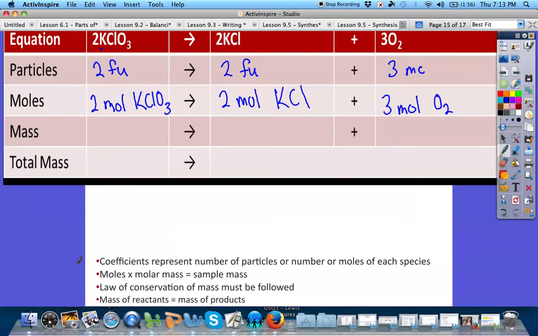The mass. So if we look down here, we're going to take the number of moles times the molar mass. So we need to calculate the molar mass for potassium chlorate. So you're going to look up the average atomic mass for each element and multiply it by the number of atoms in our formula.